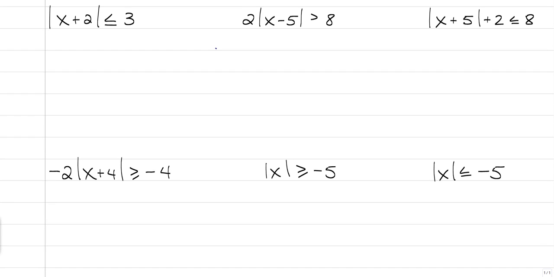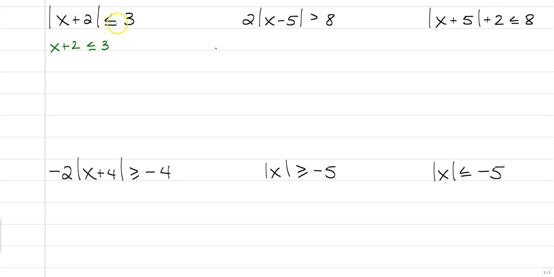So these right here are just an extension, a continuation of what we were doing with solving as well. Remember, when you solve absolute value equations, you need to get the absolute value by itself first, and then you do the multiple cases. So we're going to do the x plus 2. It's already by itself, so x plus 2 has to be less than or equal to 3.